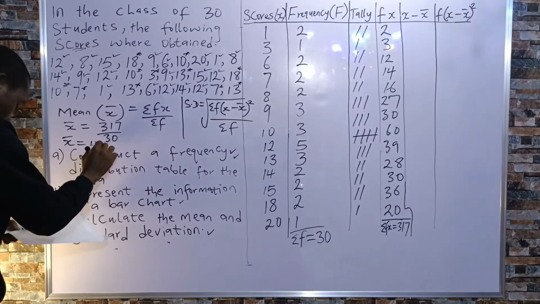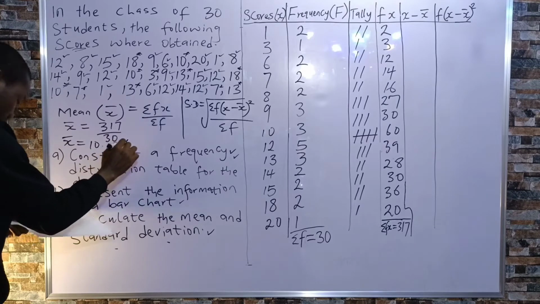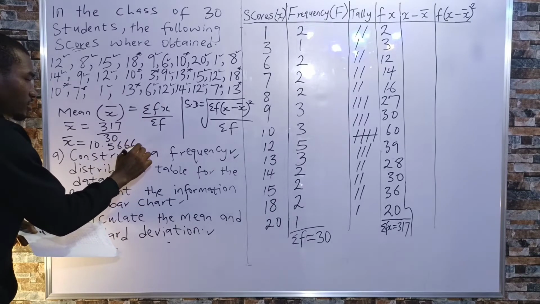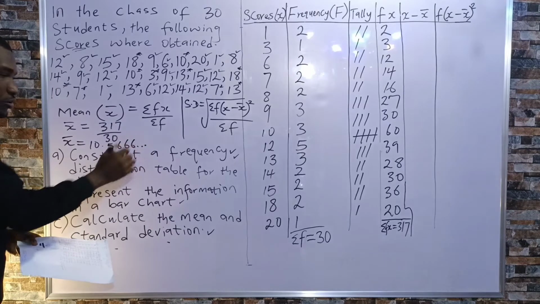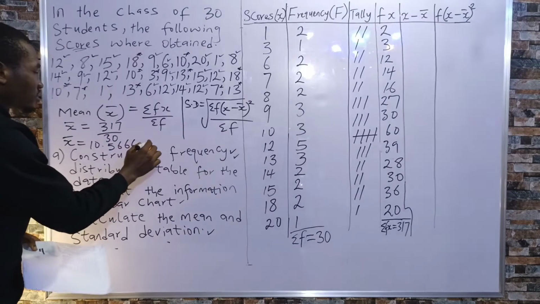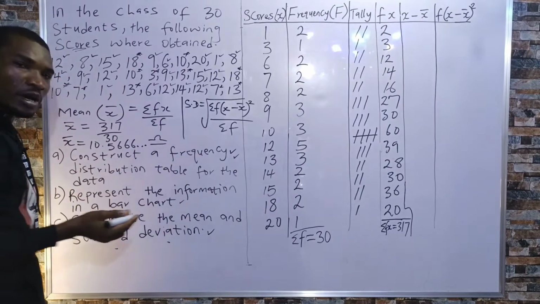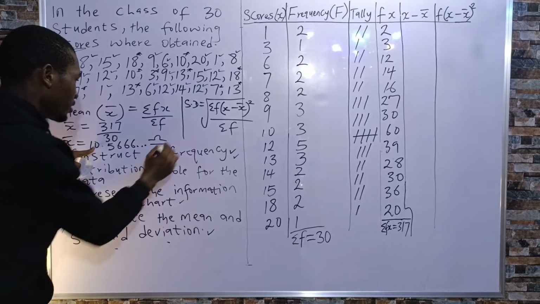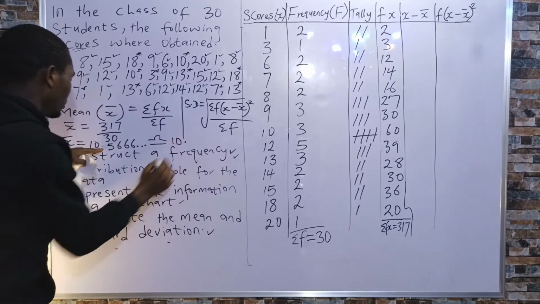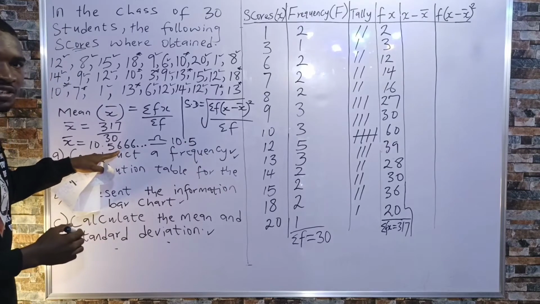It will give us 10.566. So the 6 continues. That means the value continues. That's why I put these 3 dots. So I will now approximate it. So approximating to 2 decimal places, I have 10 points, I have 5, then the number that follows is 6.